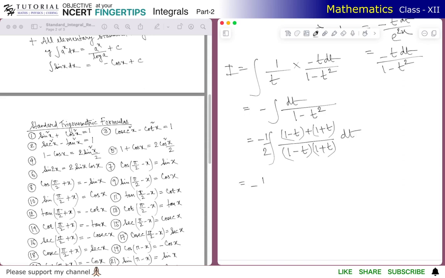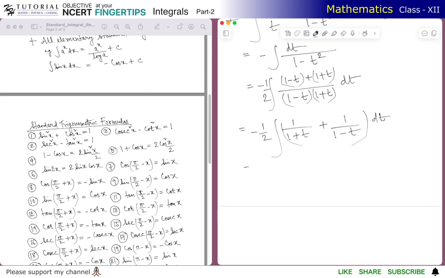So this becomes half integral of 1 by 1 plus t plus 1 by 1 minus t. I hope this is now easy for us: we have minus half integral of dt by 1 plus t, and minus half integral of dt by 1 minus t.